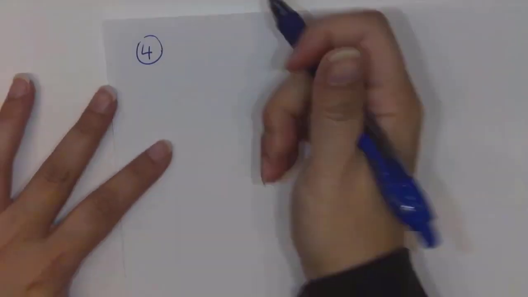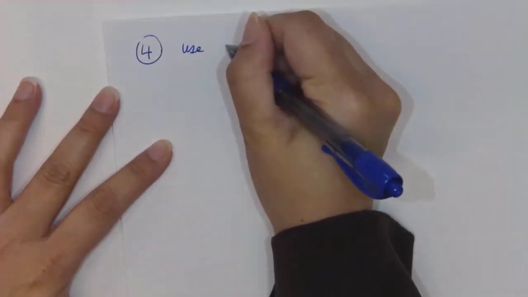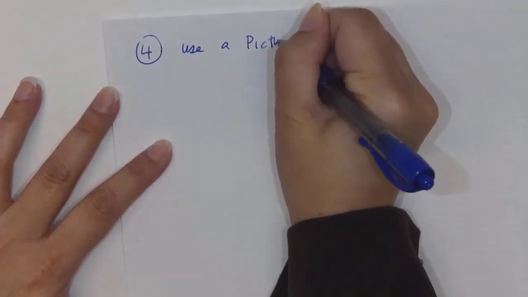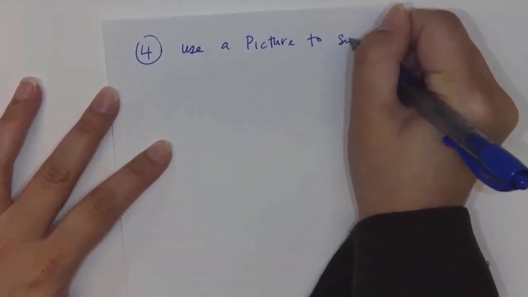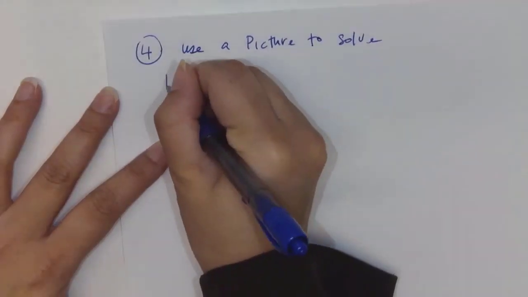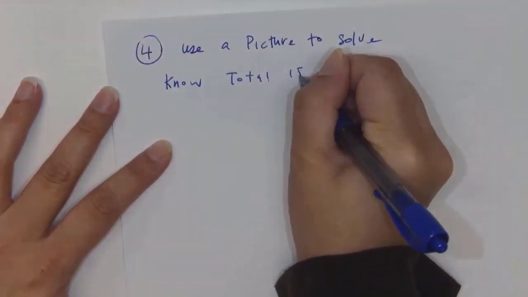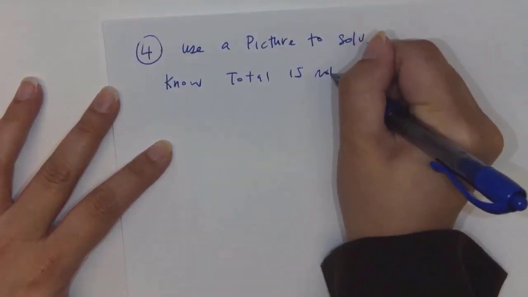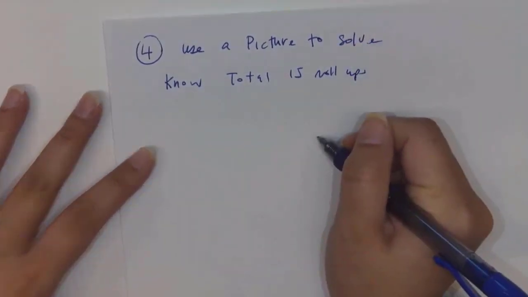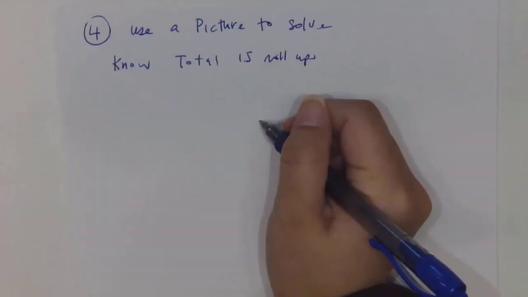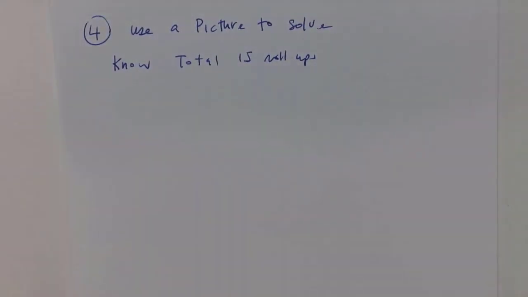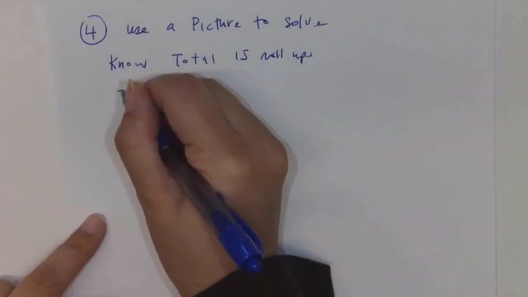They specify we use a picture to solve. And we know that totally we have 15 roll-ups. And what else? You can take 2/3.